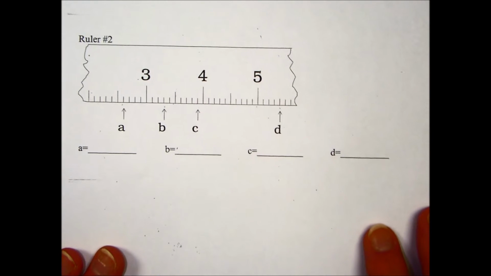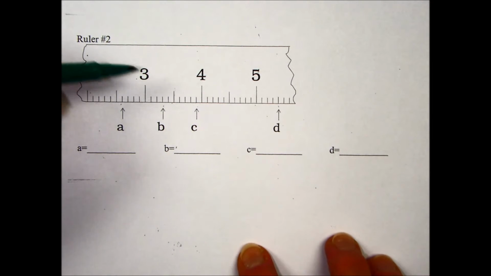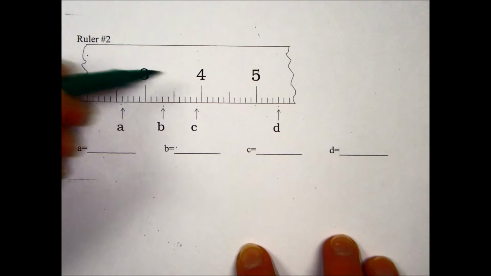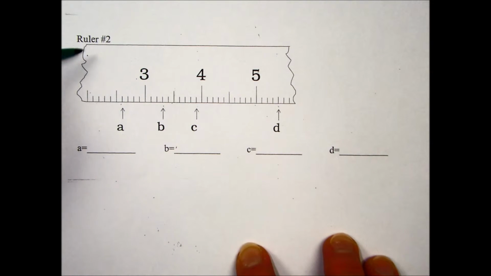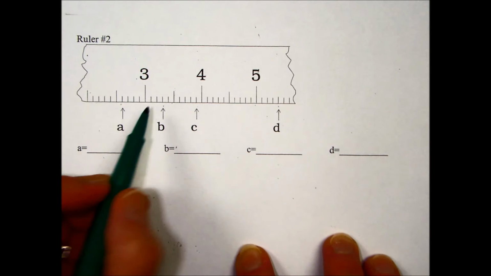On ruler number 2, same thing. Our procedure would be to first determine the scale by looking at the number of marks or spaces marked off between two long vertical lines, which are representing inches. So if we look between 3 and 4, this ruler has been broken, so we're starting at 3 and 4, and we count the number of spaces.